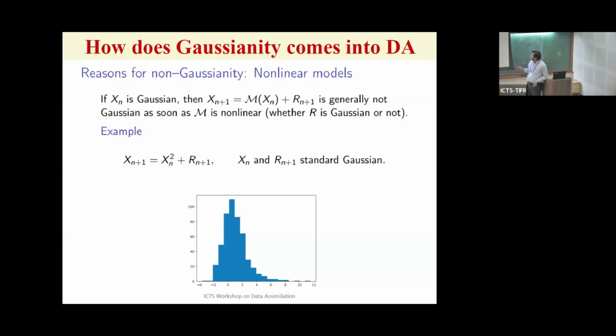And I assume that my x_n and the random error term R_{n+1} both are Gaussian. But now I assume that my model is nonlinear, say a quadratic. And what we find is that even though my x_n and R_n both have a Gaussian distribution, the distribution of my x_{n+1} is not Gaussian.